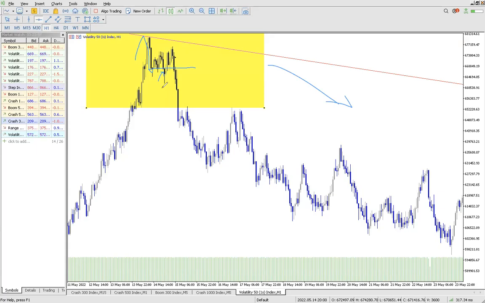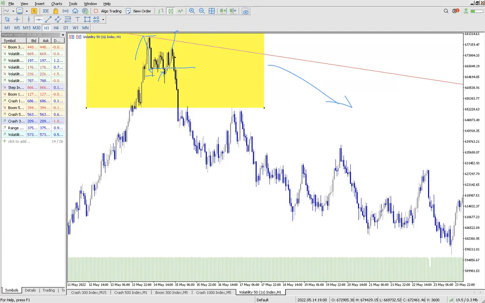Remember, we do have pullbacks, we do have retracements and everything. But as I said, I took my high here and I took my low here. Had I come to break this high, then I would have said, you know what, this was just a false break here.